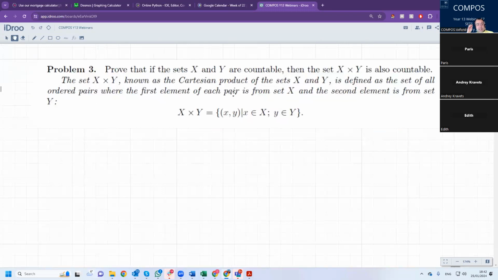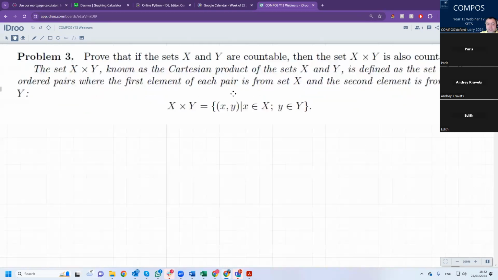Prove that if sets x and y are countable, then set x times y is also countable. It is known as the Cartesian product, just like the Cartesian coordinates, defined as the set of all ordered pairs, where the first element of each pair is from set x, and the second element is from set y.